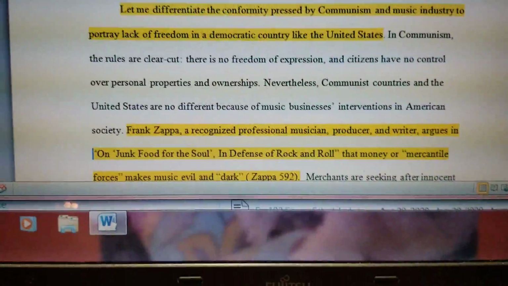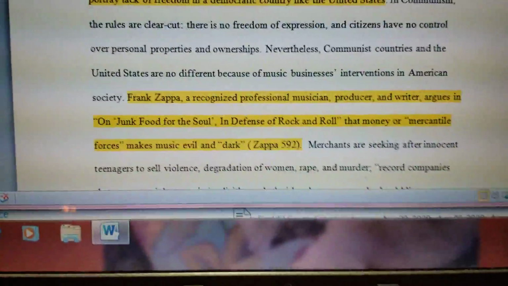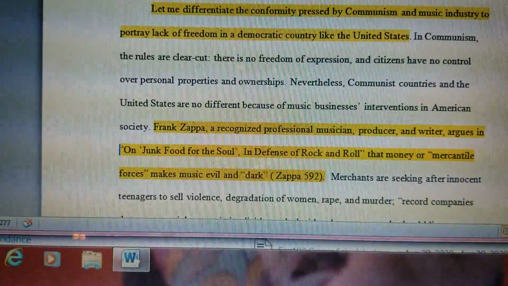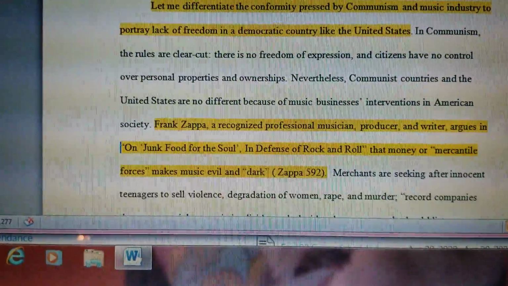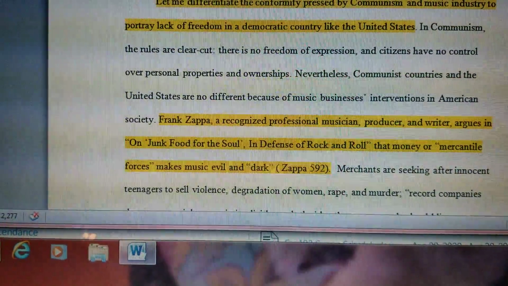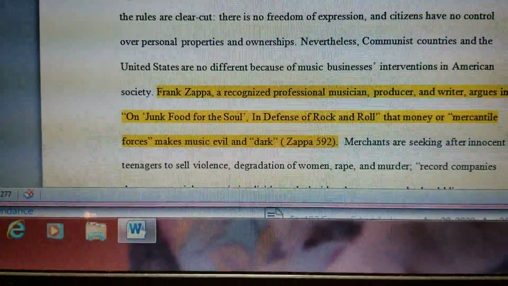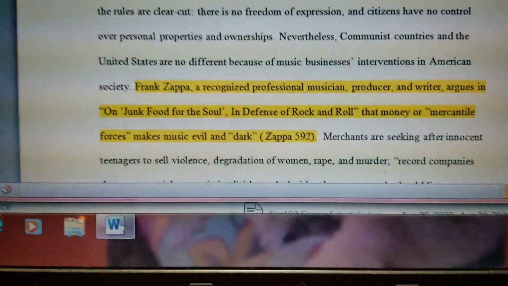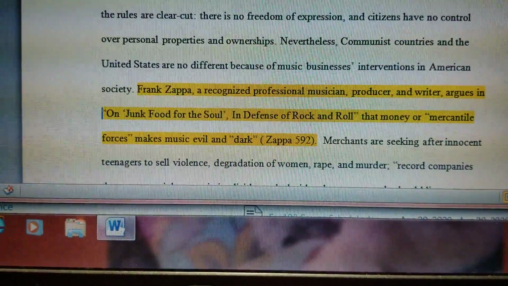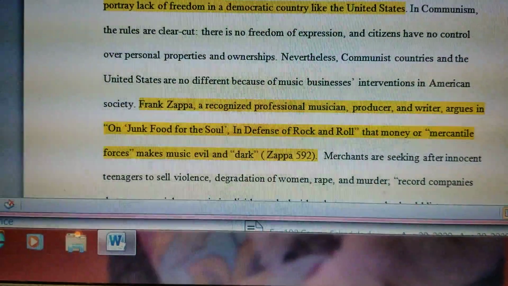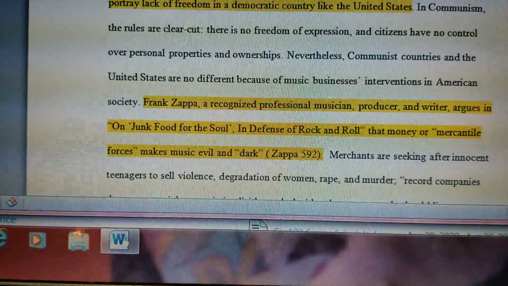And then, of course, she is going to use one of the most famous anti-corporate business entity, famous musician, the late Frank Zappa. Frank Zappa, a recognized professional musician, producer, and writer, argues on Junk Food for the Soul in defense of rock and roll that money or mercantile forces makes music evil and dark.